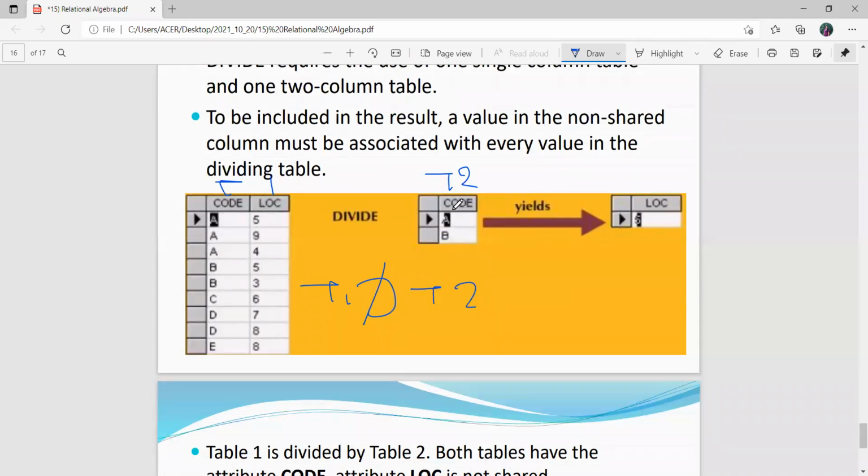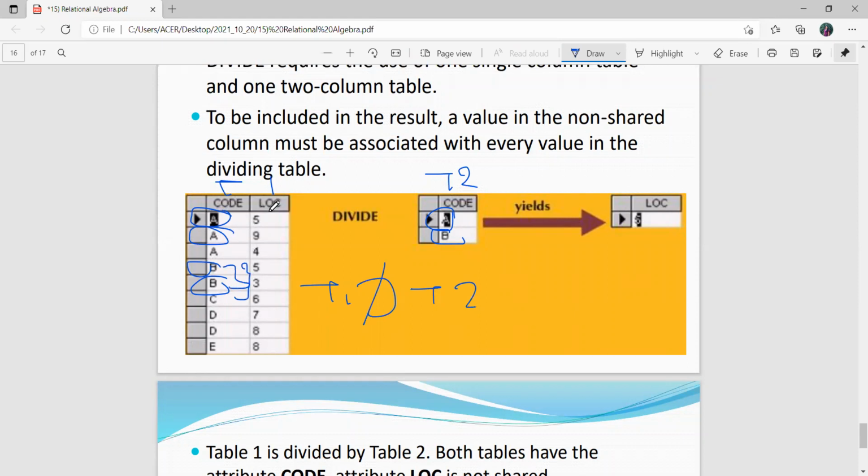In this case, you can see A. When we consider B, these are the B. A is associated with 5 and 9. B is associated with 5 and 3.